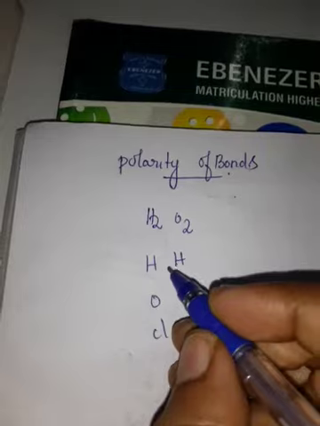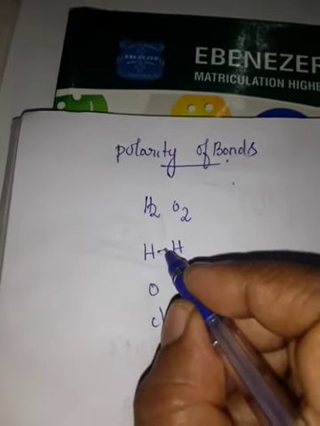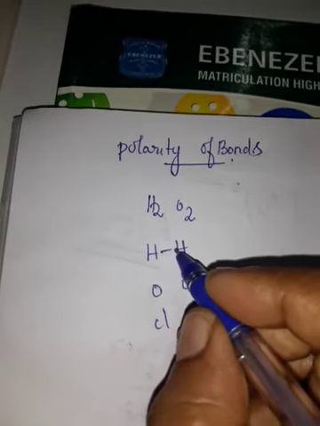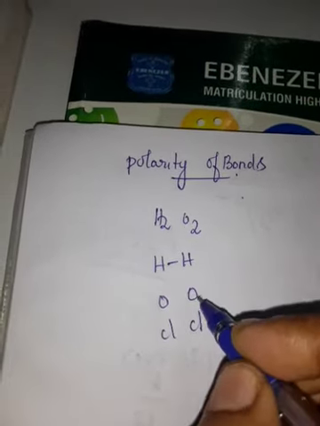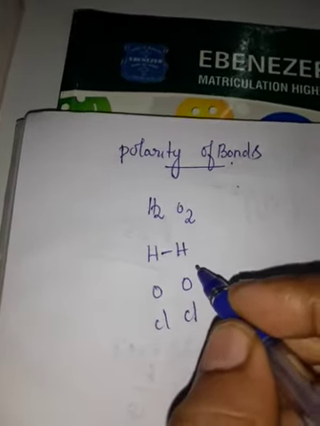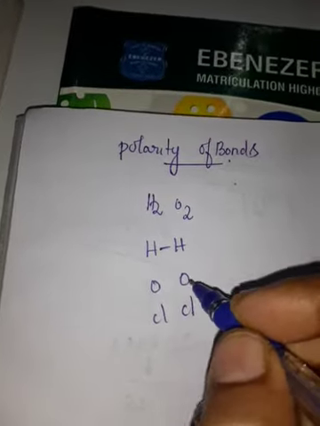So the shared pair of electrons exactly lies in the middle of the nuclei of two atoms. This is the case for homonuclear atoms, that is, two identical atoms.